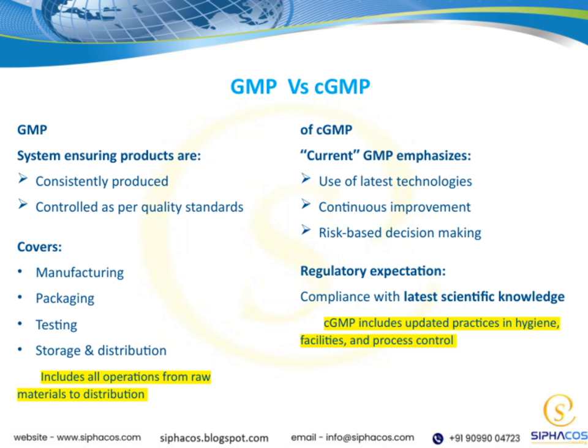Basically, GMP encompasses all steps from raw materials right through to getting the product out to the market. cGMP builds on that foundation, but emphasizes continual improvement and adaptation to new scientific insights. It's about not just maintaining standards, but actively upgrading practices to ensure the highest quality and safety of our products. So, understanding this evolution is essential as we aim to meet regulatory expectations and deliver the best possible products.